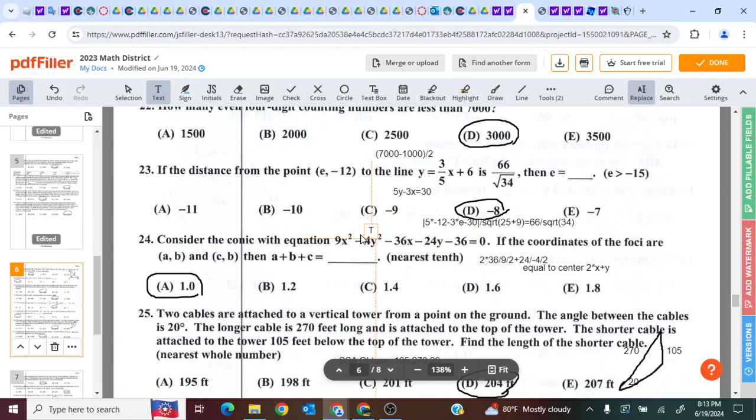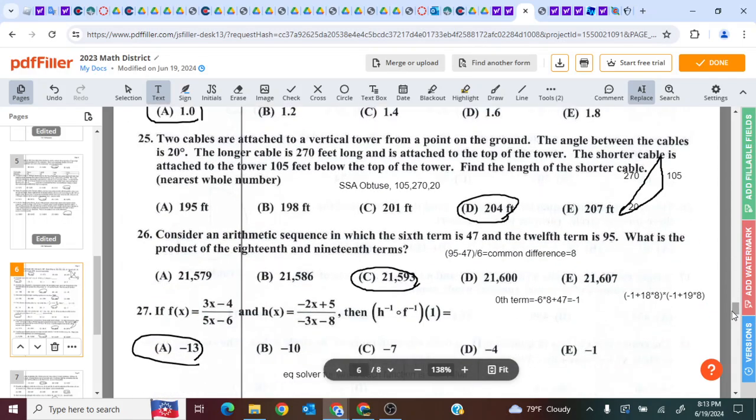And then you use the same thing for your y. Divide by -4. y squared plus 6y, and then you go y plus 3 all squared and get -3. So 2 times 2 plus 3 minus 3 is equal to 1.0. In these cases, if you see a 0.0 answer, it is almost always going to be that answer.